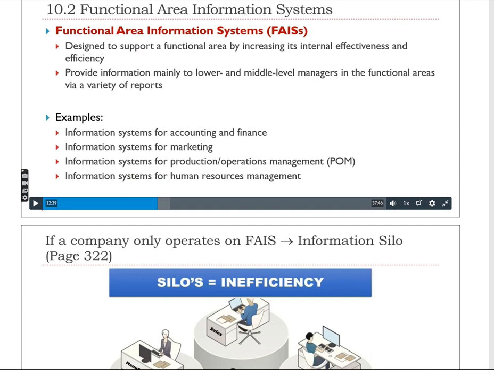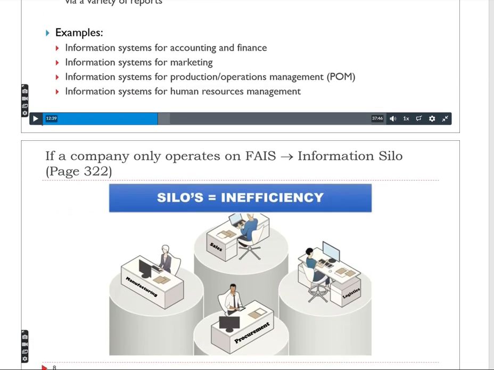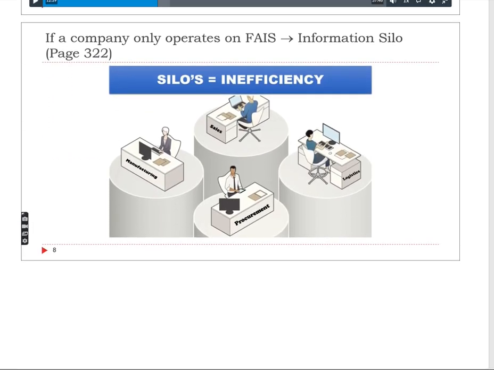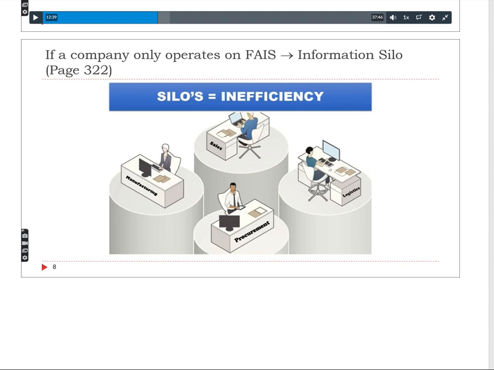However, if a company, and this is what this leads up to, if a company depends only on these individual systems by themselves, it's considered what they call a silo configuration.